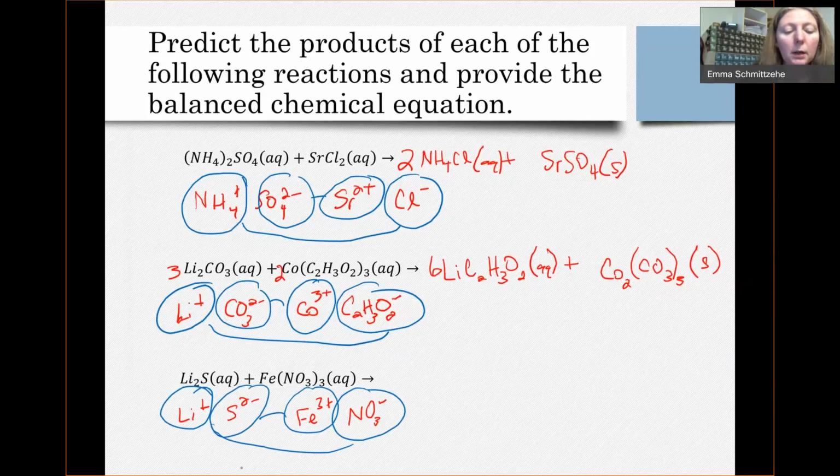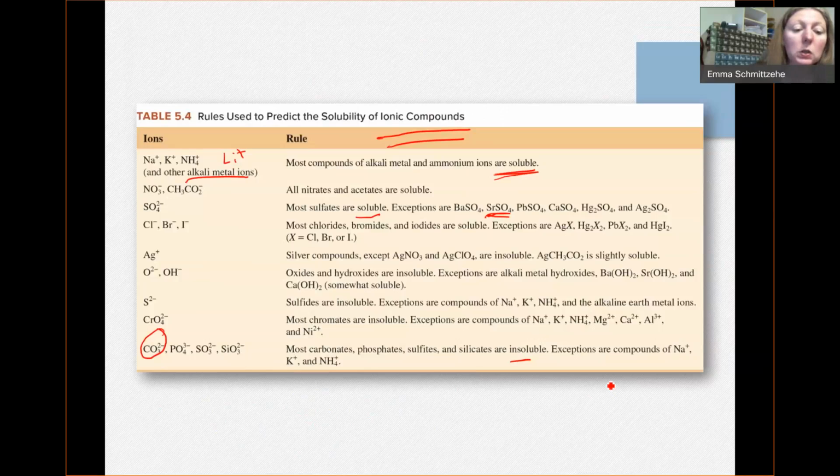And so then my products are going to be LiNO3, and that's going to be aqueous because it's got a group 1 metal. Those are always soluble. Same with nitrate. And then I would have Fe2S3. And if you look at the solubility table, what you'll see is sulfides are insoluble.